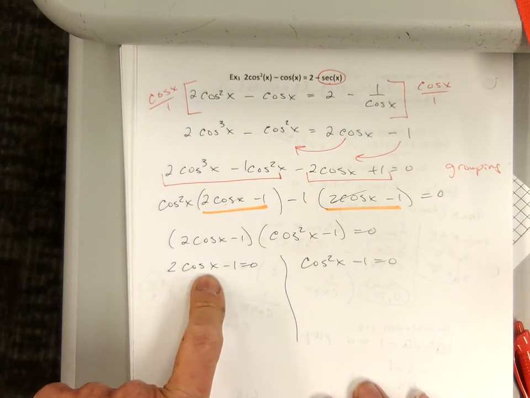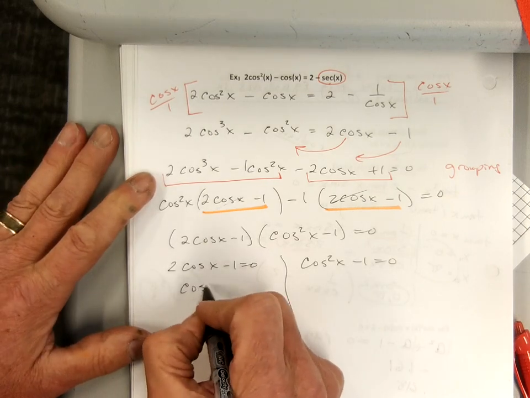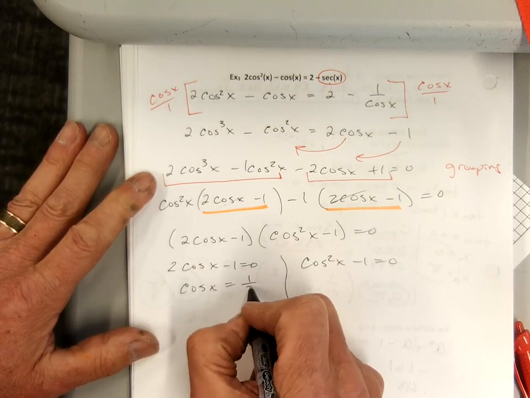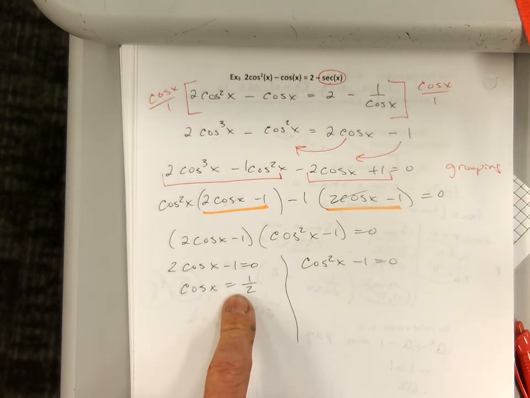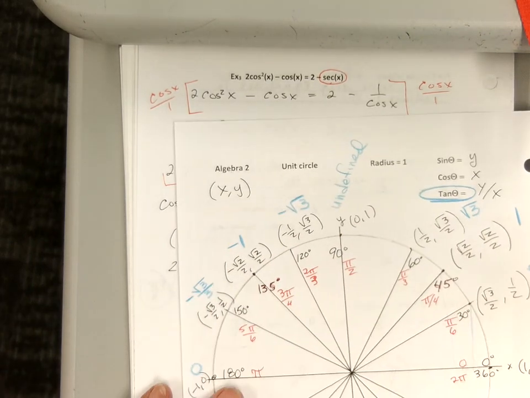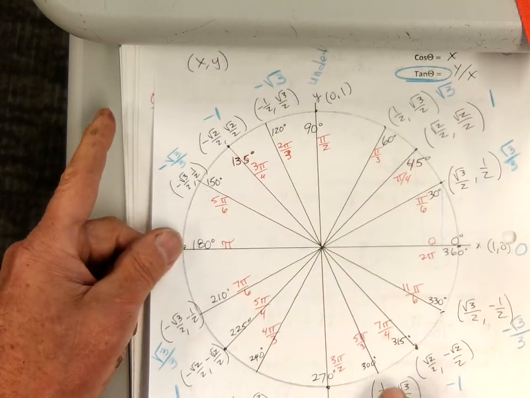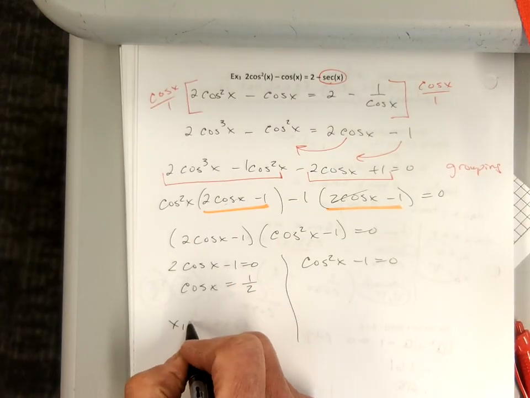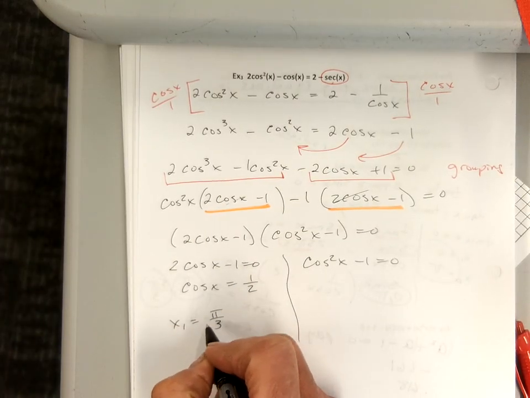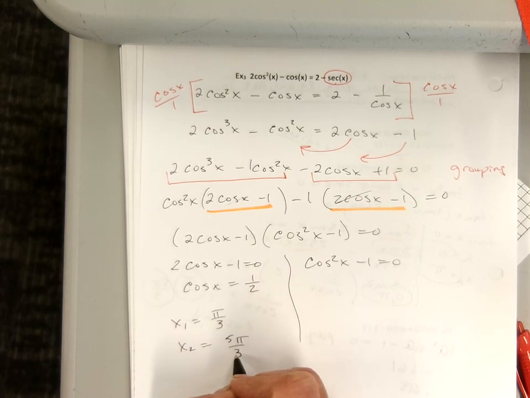Add 1, divide by 2, cosine of x equals 1/2. I believe that's on the unit circle. Cosine is the x value, so 1/2 is going to be pi thirds and 5 pi thirds. So angle 1, pi thirds, angle 2, 5 pi thirds.